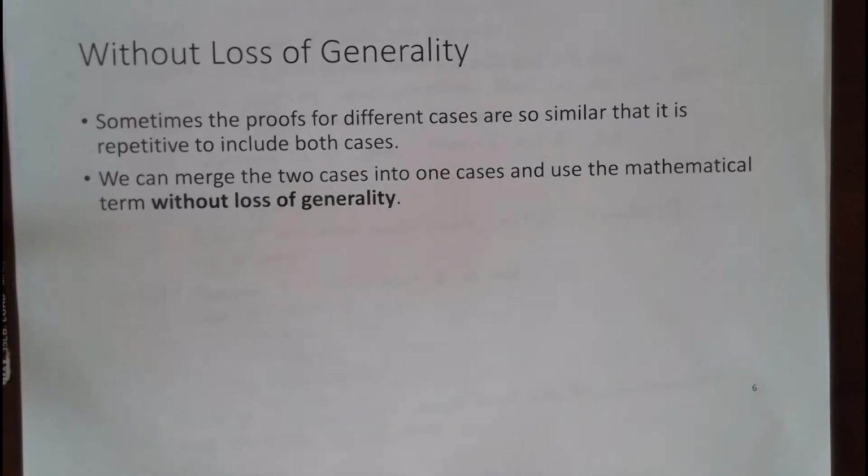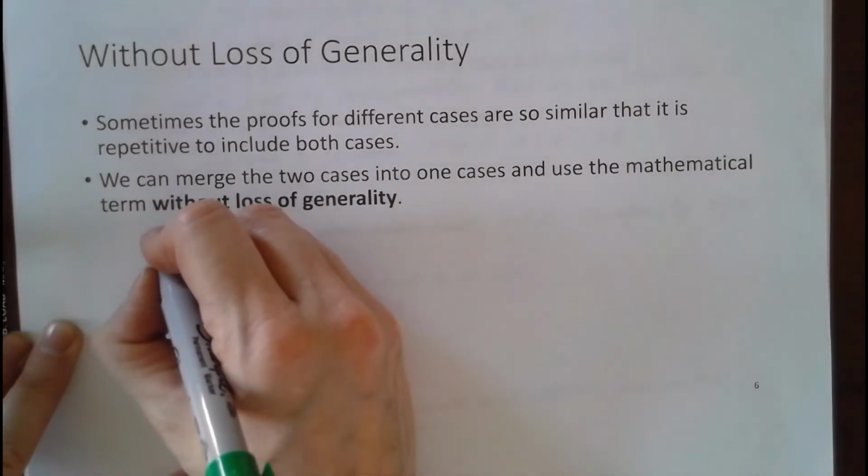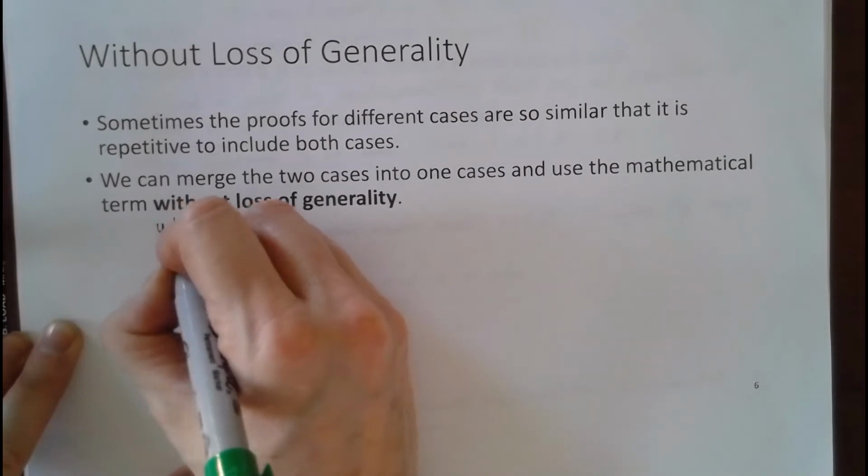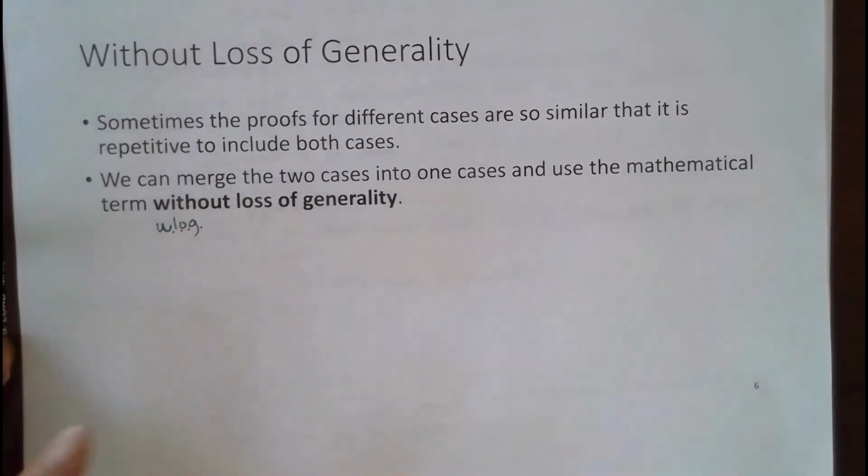It's such a good mathematical term. And often mathematicians will abbreviate that WLOG, just like such that is like ST, because they don't want to write the whole thing out. Everybody knows WLOG means without loss of generality. So in the spirit of wanting to be brief, we will do that as well.